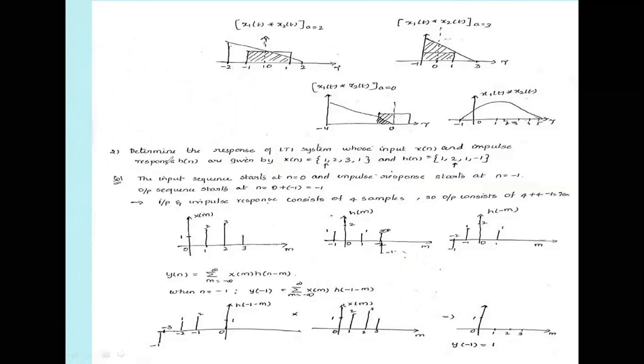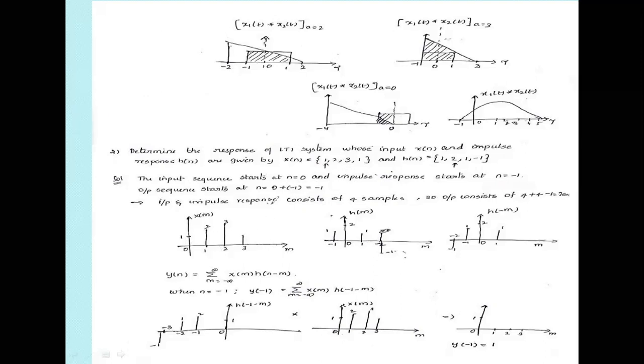Got it? Another example: determine the response of a linear time invariant system whose input x of n and impulse response h of n are given. Find the convolution. X of n, the graph starts here at n equal to 0, the arrow mark means at n equal to 1.